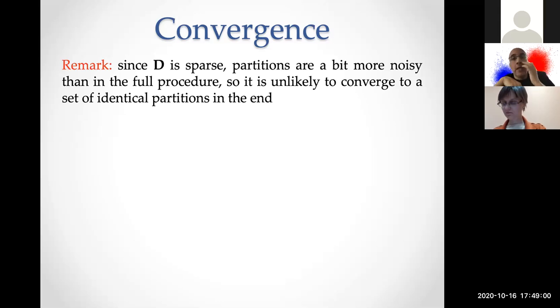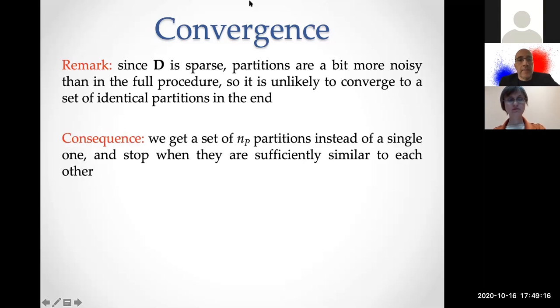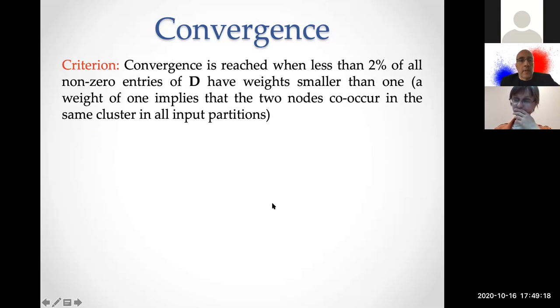So what we did is introduce a stopping criterion for this procedure. Our stopping criterion is that you reach convergence, so you stop the procedure, when you get a consensus matrix that has less than 2% of entries which are neither 0 nor 1.